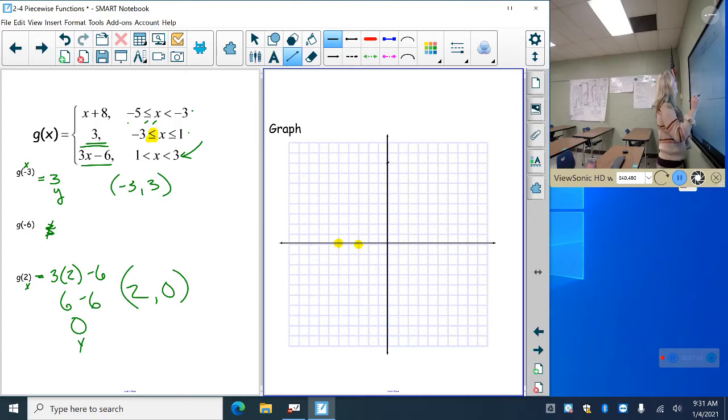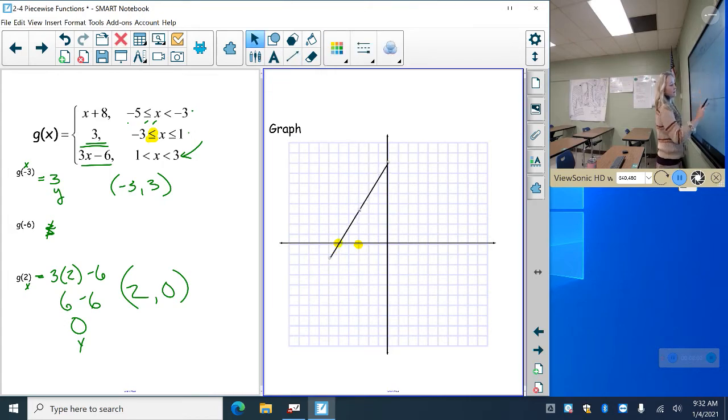And the slope is 1, which means it's going up 1 over 1. So the line would look like this, except I'm only using that line in between negative 5 and negative 3. So I'm going to shorten the line to here.